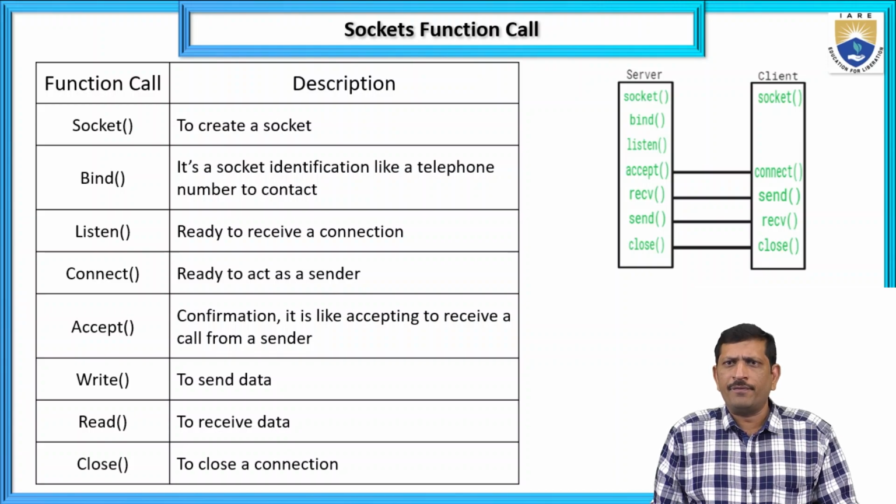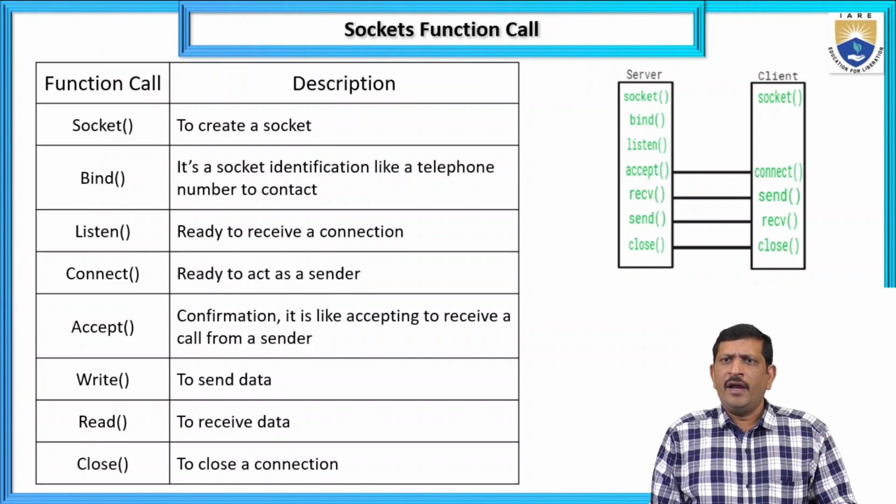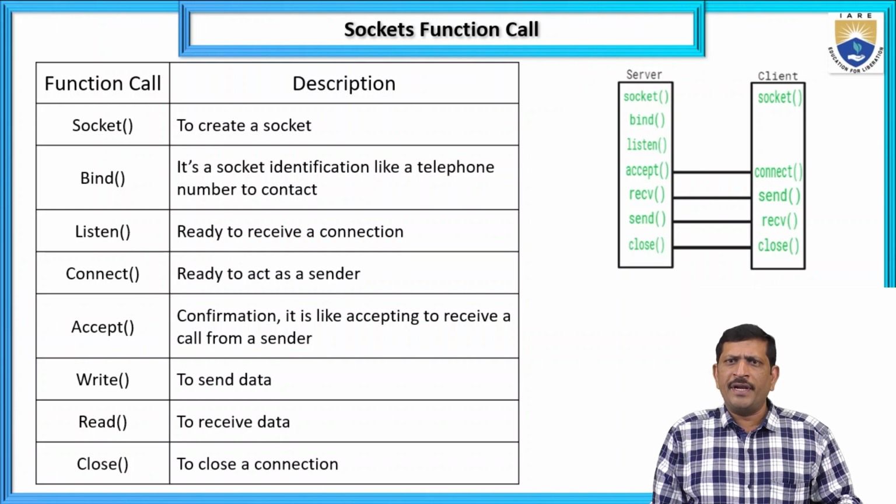For example, if the server sends data, the client receives the data, and if the client sends data, the server receives the data by using this read operation. And the write operation is just sending the data at the server side and receiver side.